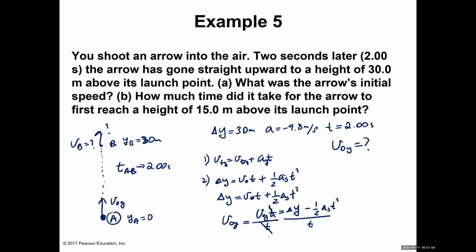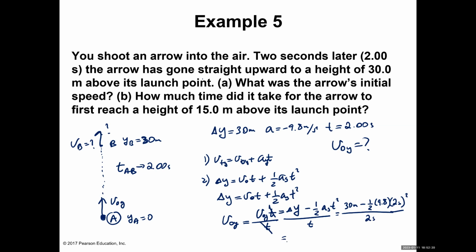Right, so just a little bit of algebraic manipulation, but you should be able to go around and calculate that. All right, so then let's do this. So this is 30 meters, then minus 1/2 times 9.8, then 2 seconds squared, then divided by 2 seconds. And we can just calculate this.